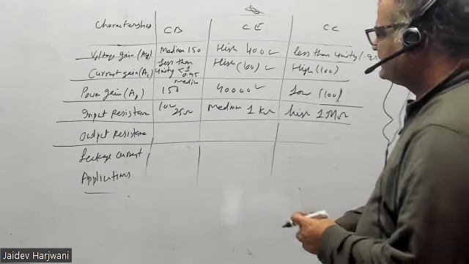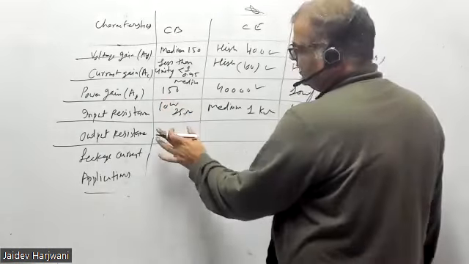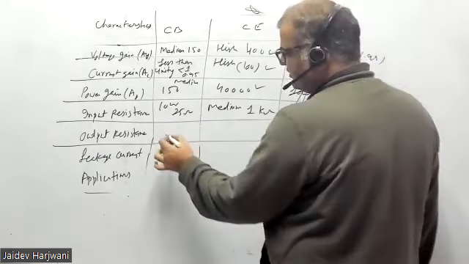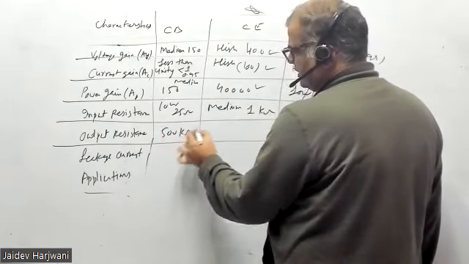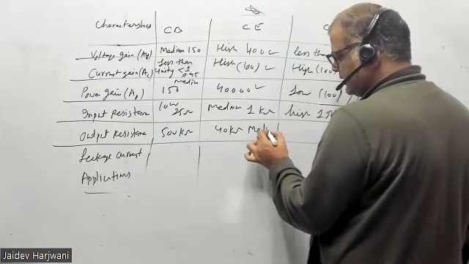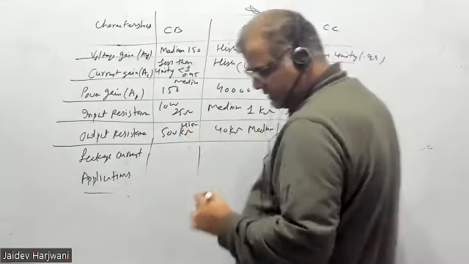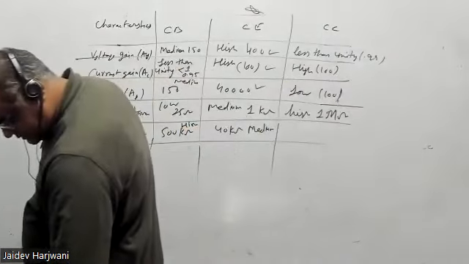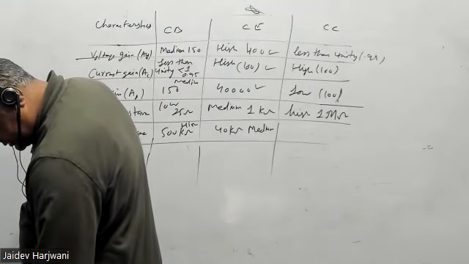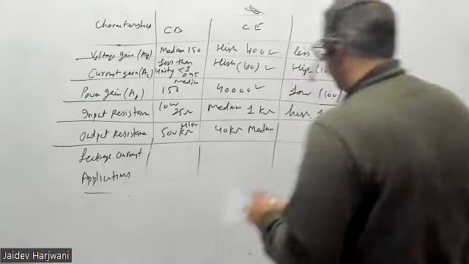And output resistance is high here. How much? I told you 500 kilo ohm. And here around 40 kilo ohm. This is the medium. Here is the high. And last here, low, 400 ohm. Here also low, 400 ohm.